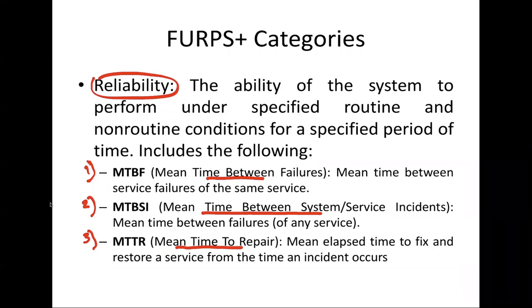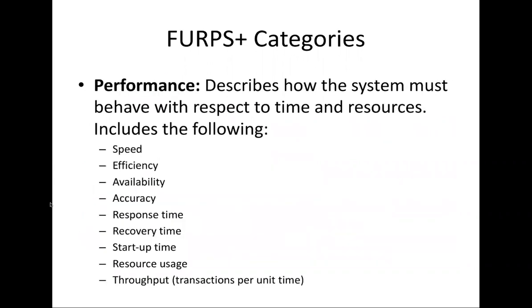So we can see here different categories underneath our checklist. These categories should be checked and verified along the way to guarantee that we are not missing any type of non-functional requirements before even going to the analysis, recommendation and documentation phase. So we talked about reliability. Now let's move to performance.